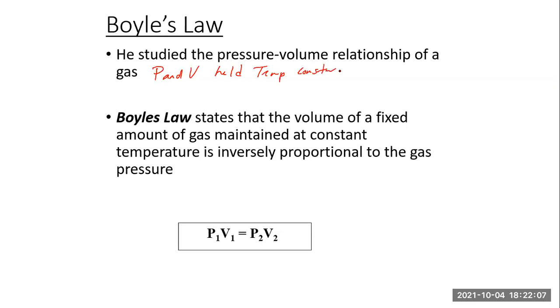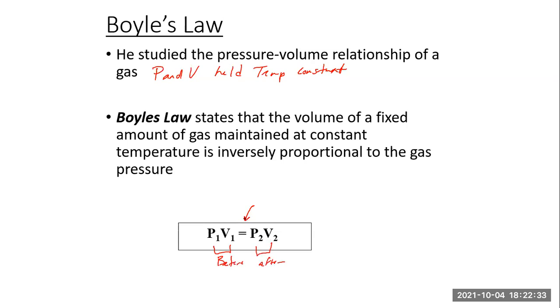And basically what Boyle saw was that the volume of a fixed amount of gas is inversely proportional to the gas pressure. So let's talk about Boyle's law, which is in this box here. And this is a lot of times like before something changes. This is like after.